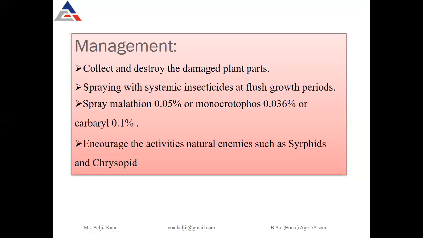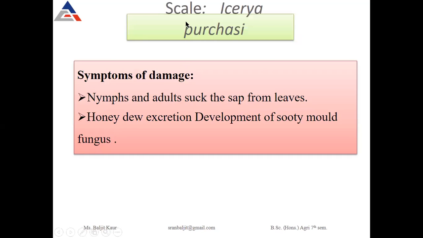Then we can spray the plants with systemic insecticides at flush growth periods, and we can spray the plant to control this insect with malathion or monocrotophos or carbaryl. And we have to encourage the activities of natural enemies of this insect. So natural enemies are syrphids and chrysopids. So these are the natural enemies, and we have to encourage their activities so that they can kill the thrips, right?